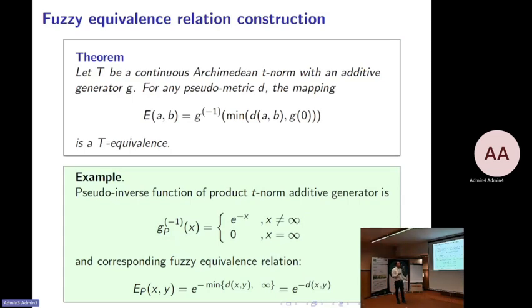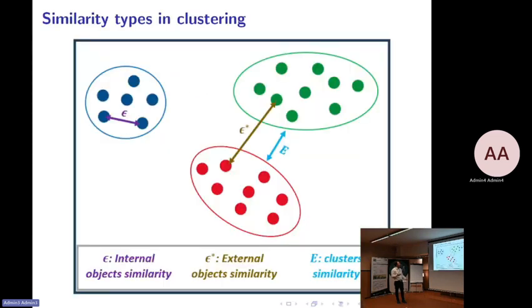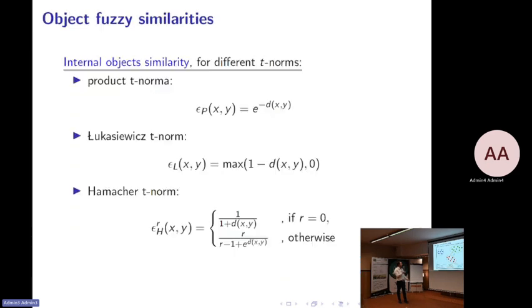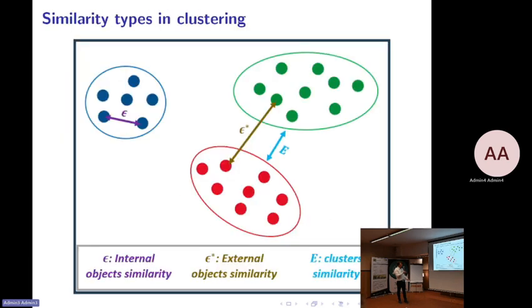The same process can be applied for different t-norms, and in the next slides we will see how it looks. And now starts the main part of my proposition. We will consider two types of similarities: internal similarities and external similarities. By internal similarities, I mean similarities calculated for observations from the same cluster. It is denoted here.